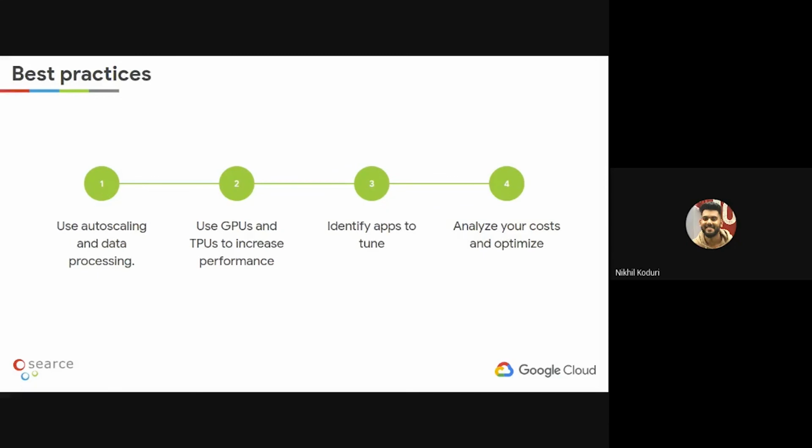In case you have any machine learning or AI/ML code running, you have to incorporate GPUs and TPUs to make them faster and make the processing much higher. Identify the apps that you want to tune and make them more reliable, more performant, consuming fewer resources and highly scalable, right? And analyze what cost you would be incurring, and try to optimize it.